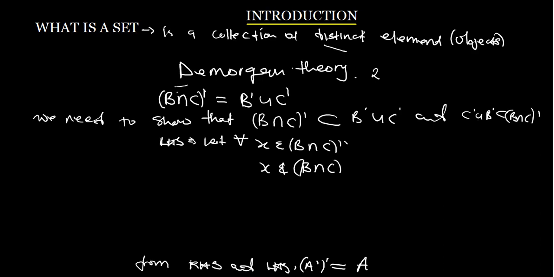Meaning that x is not a member of, I'm just distributing this for every member, so it's not a member of B. Then for intersection we use and, and for union you use or.